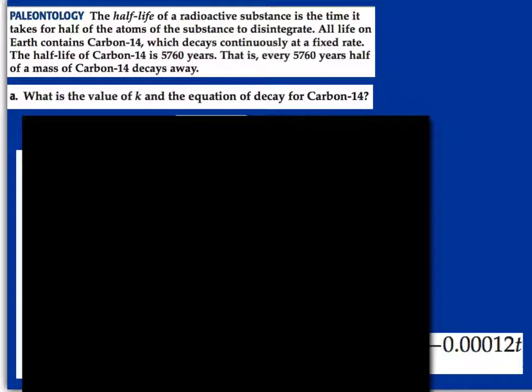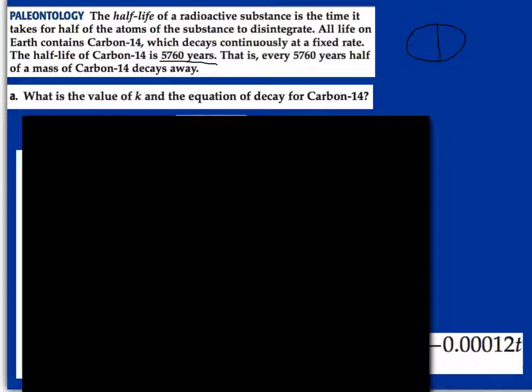It's a substance, and it decays continuously at a fixed rate. So the half-life of carbon is 5,760 years. That means if I have a chunk like this, half of it will decay and change into something else chemically.